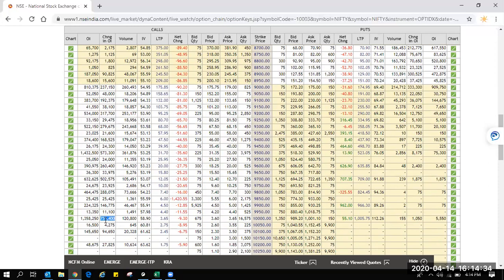Sorry, 7 lakh. See, at 10,000 people have written the calls. So half of the positions have been built at 10,000 yesterday only. Second positions are being added at 9500, which is this. And the third highest number of positions added is at 9700.